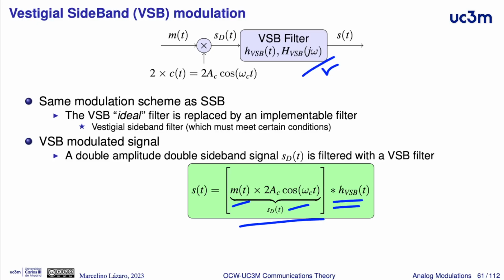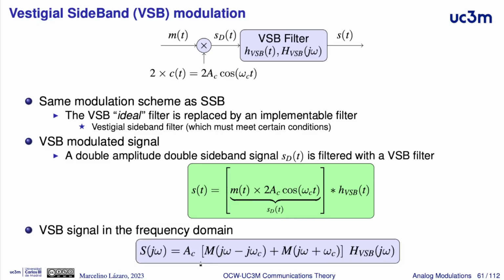In the frequency domain, convolutions become products, and we have the product of the frequency response of the double sideband with double amplitude, shifted versions of the frequency response of the modulating signal shifted to omega c and to minus omega c, and then the product with the frequency response of this vestigial sideband filter.